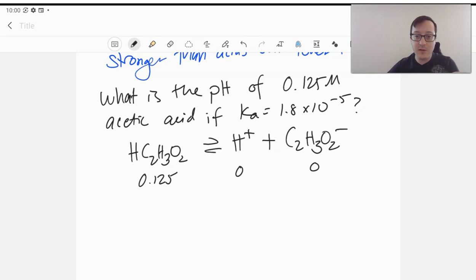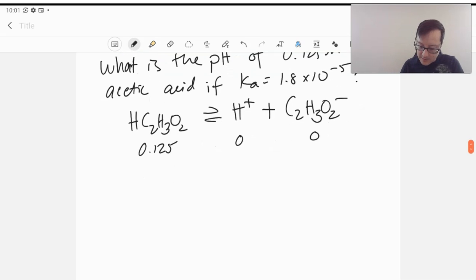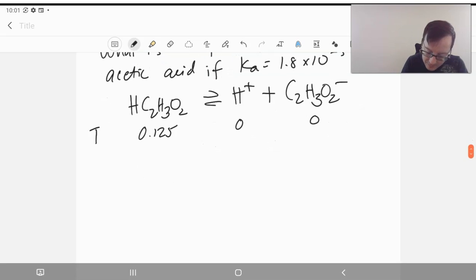We generally ignore the ionization of water because water has a Ka of about 10 to the negative 14. So we don't really have to deal with the 10 to the negative 7 in this example. So we're going to have our ice table.